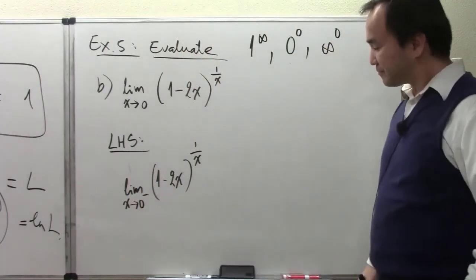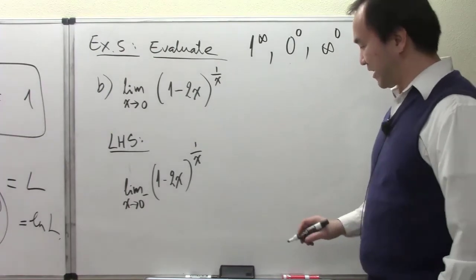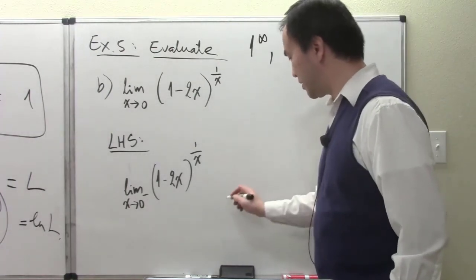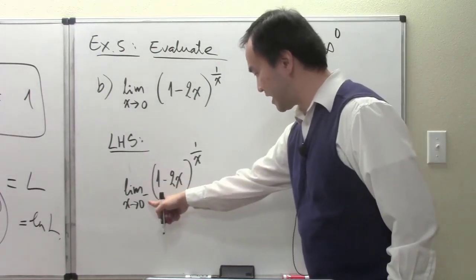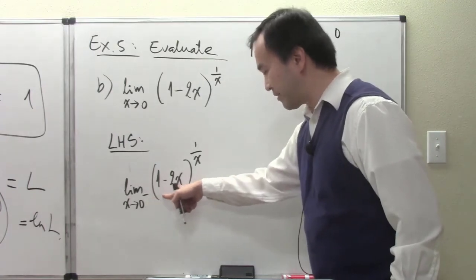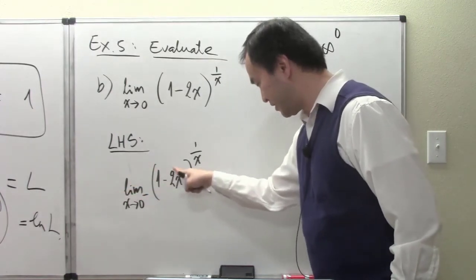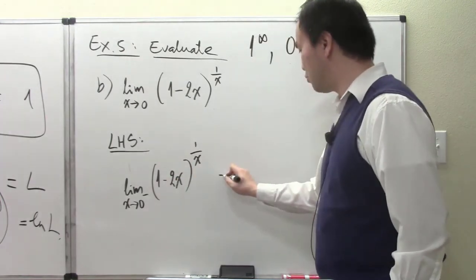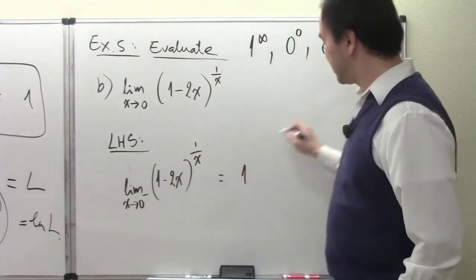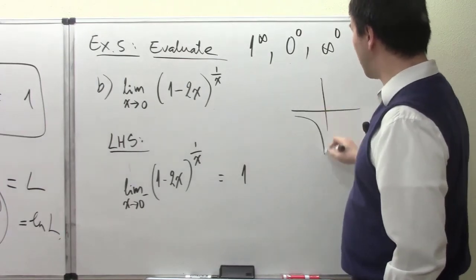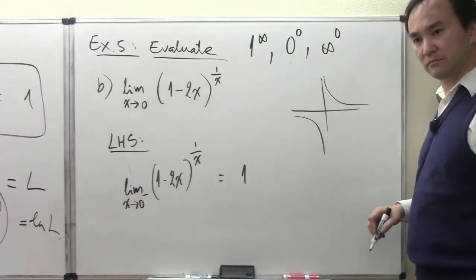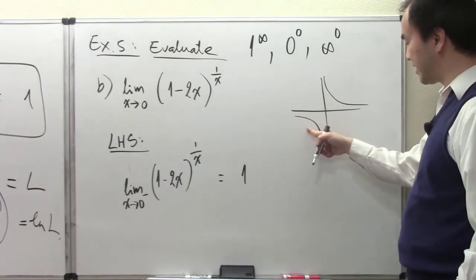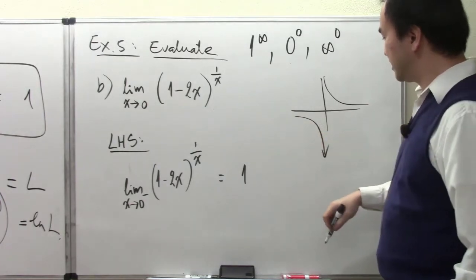Okay. And so for this one right here, here's how it works. Well, the direct limit law says if we're letting x go to 0 from the left-hand side this time, this 2x term goes to 0, and so that's 1. And as for the 1 over x function, as x gets close to 0 from the left-hand side, we are going to negative infinity.